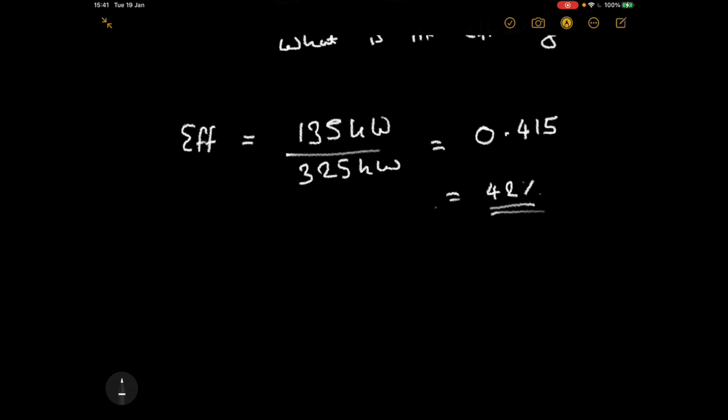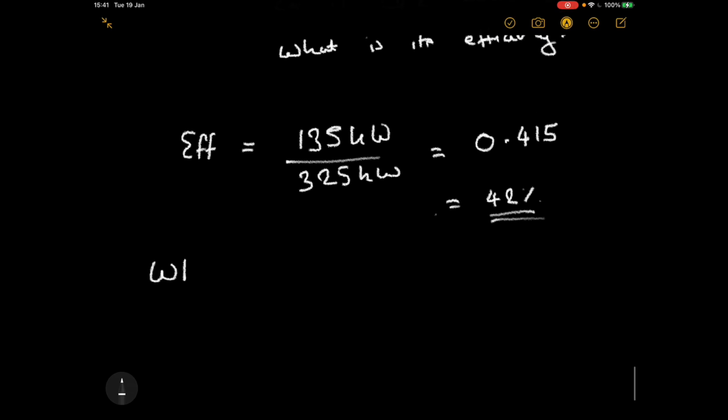So if we think of a question of where is the missing 58%? Well, in the case of this car accelerating, we'll have lost it to various different things.